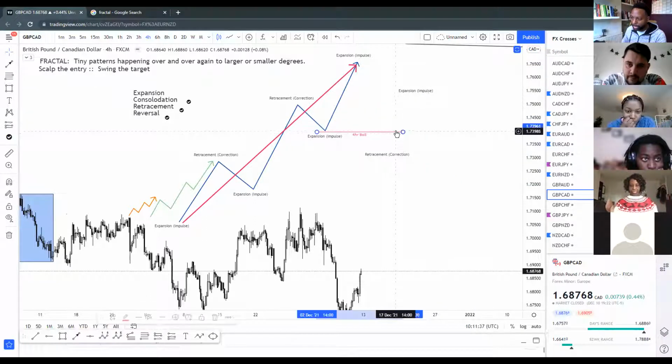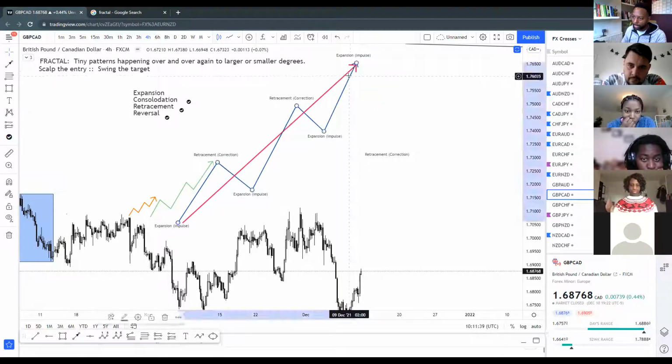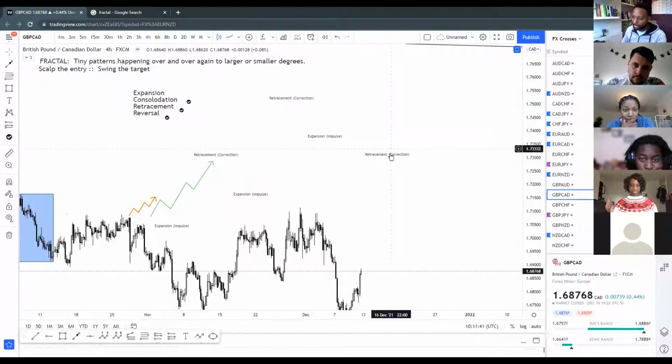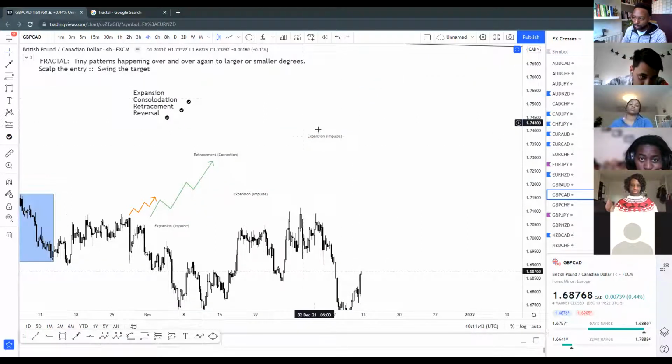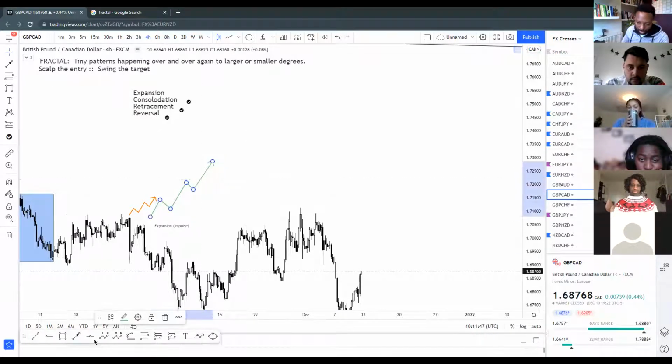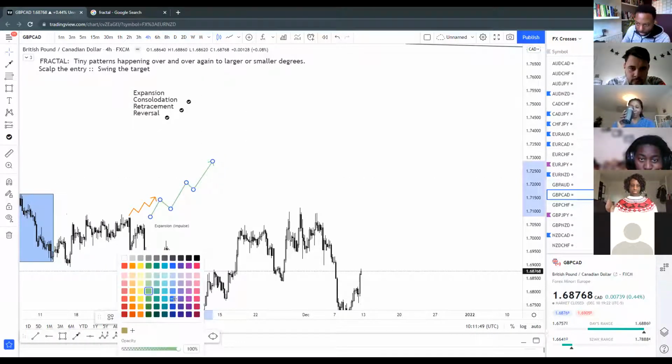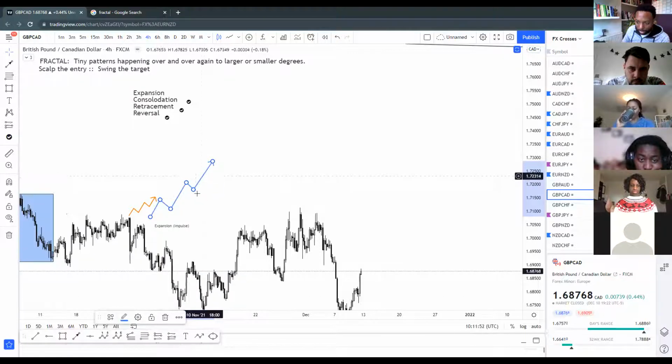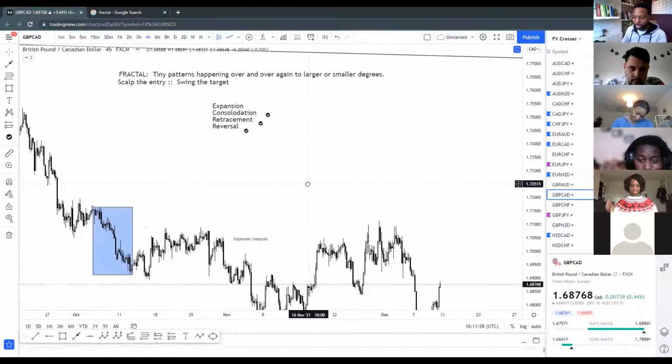We're going to ask you to identify an area of expansion, having gone through all of that. I need to change this back to blue. Okay, cool.